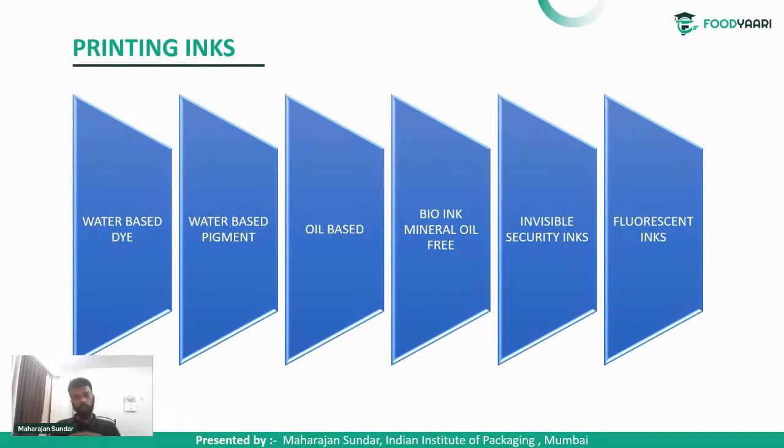Bio based ink is not completely available in the market, but it can also be used. Invisible security marks are microwave or infrared activated, and are used for security purposes. Fluorescent inks give brightness to the different types of colors.